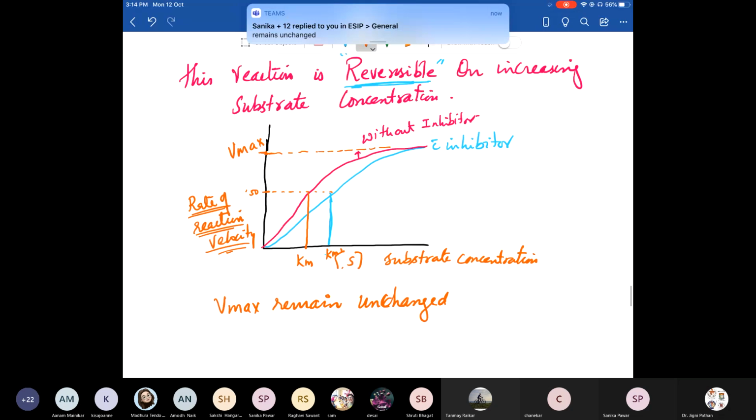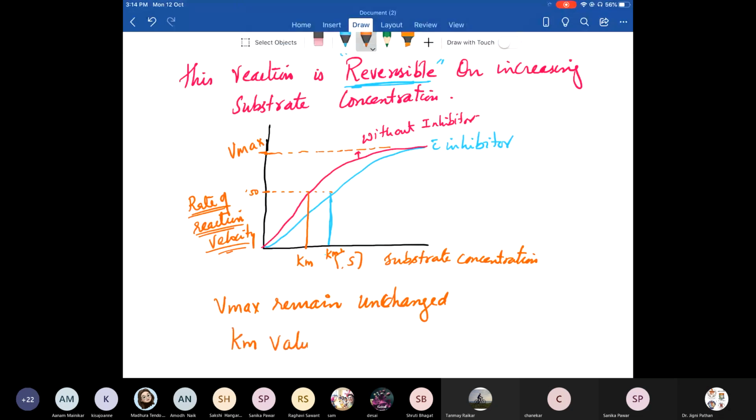Remains unchanged. Very good. Whereas Km value is increased. Clear? Any doubts?